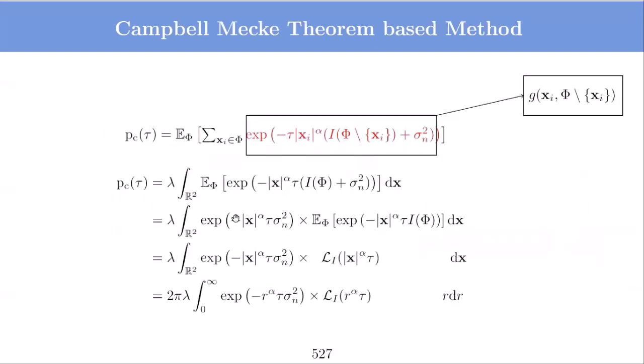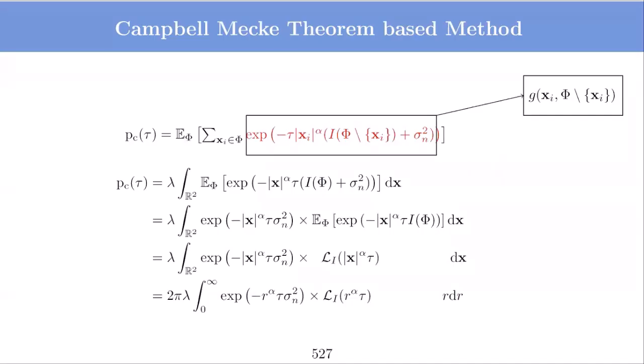Now we have the expectation with respect to phi of the summation over this thing, and this is a function of xi and a function of phi minus xi. Okay, and phi minus xi is in the form of interference. So if you see this as a function g of xi, phi minus xi, this is nothing but the expectation of the summation of g(xi, phi minus xi).